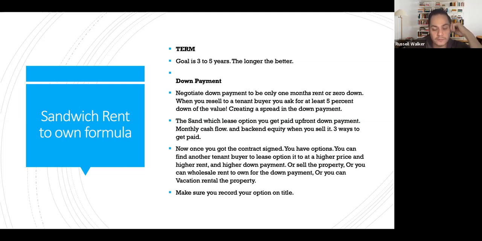What you want to do, if you're doing it with the owner, is get the wiring information on how to pay the bank directly the 1,500, and then you get the owner's information on how to send them the other 500, so that you're making sure that the mortgage is getting paid for sure, because sometimes the owner will keep the rent and not pay the mortgage because maybe something happened in the family, they can't pay the mortgage anymore. So you want to pay the mortgage directly, which is going to make sure that the owner is not going to default on the mortgage while you have the option to purchase, right?